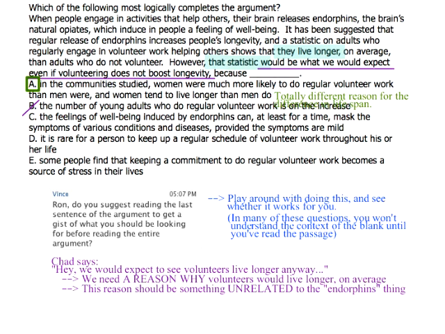C is kind of like, here's a mechanism by which the endorphins could work, but that's not what we want. We want a mechanism that is totally not the endorphins. D, it is rare for a person to keep up with. Great, so what? We're talking about people who do, not whether people can do it or not on average. And then some people find that keeping a commitment becomes a source of stress.